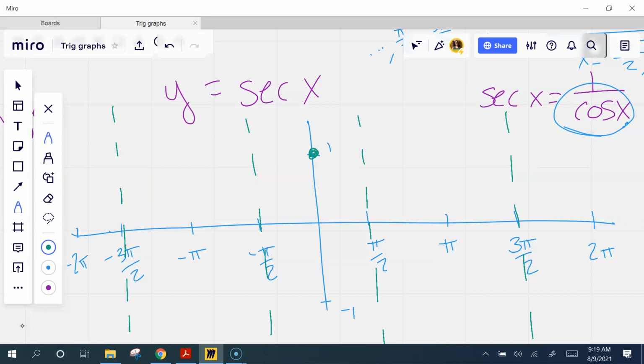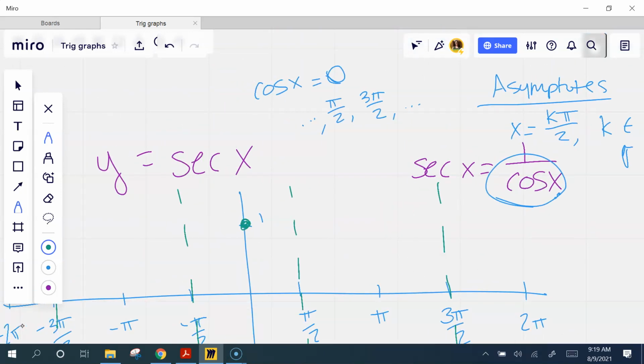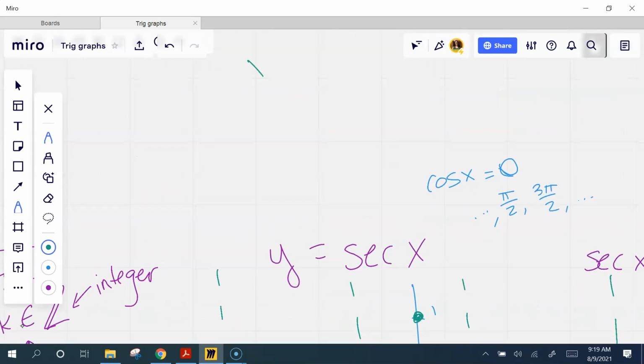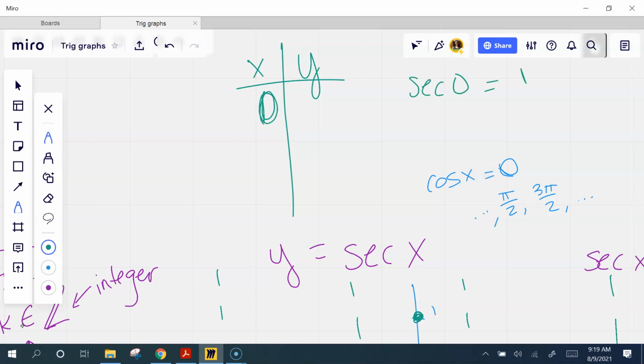Does that make sense? If I plugged in 0, that means I want to know what is the secant of 0. So what is 1 over cosine of 0? Well, the cosine of 0 is 1. 1 over 1 is 1. All right, so I got 0, 1.